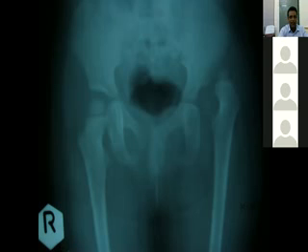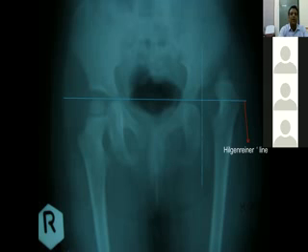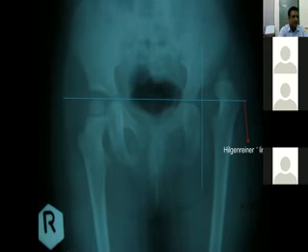This is the center of the acetabulum where it occurs. So a horizontal line connecting both the triradiate cartilages is called Hilgenreiner's line, and the vertical line perpendicular to this is called Perkins line.